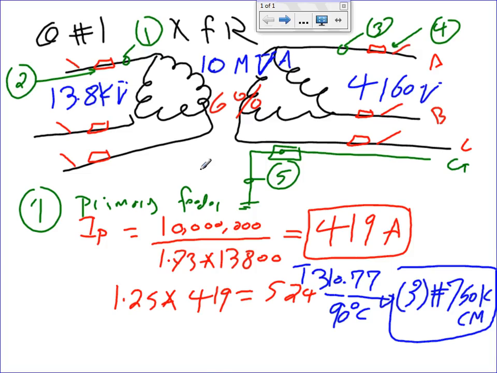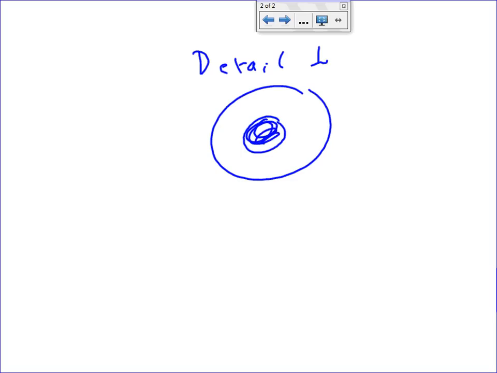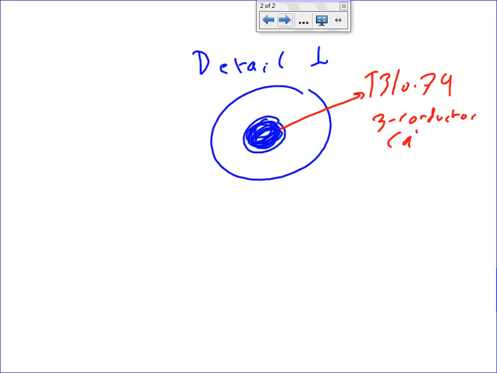Let me just go back one here. Let's look at detail one. Detail number one is giving you this and giving you that little thing inside it. If you use detail one with table 310.79, that's where the confusion is. This means 3 conductor cable.